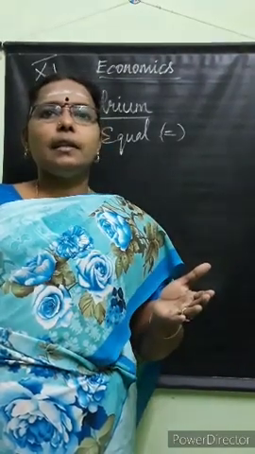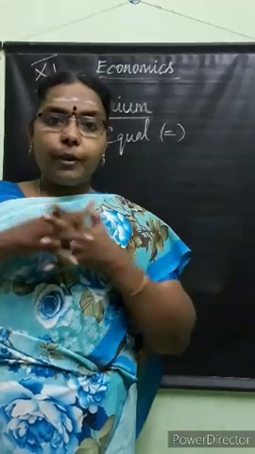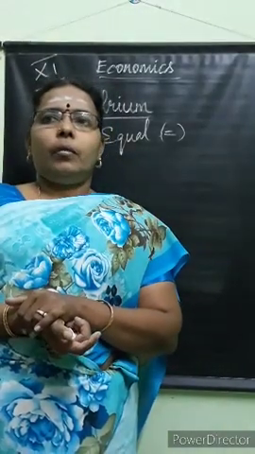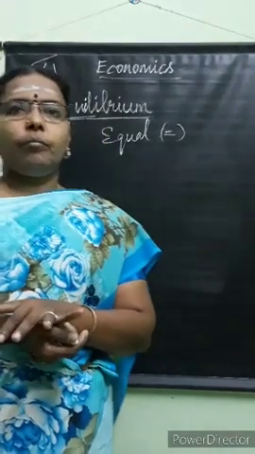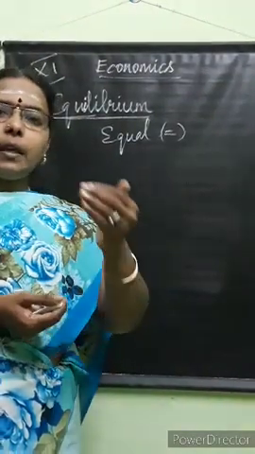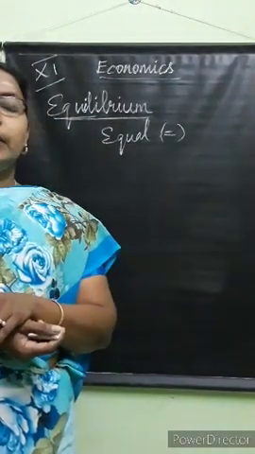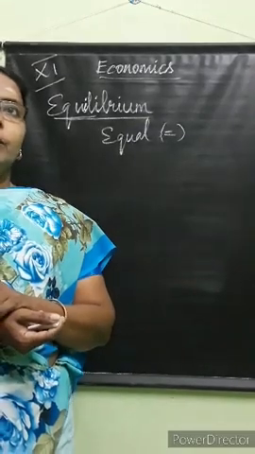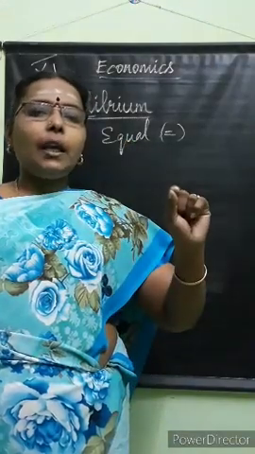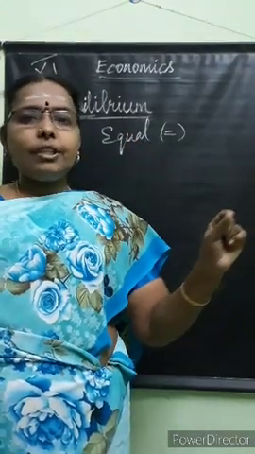Another way we can say, the opposite influences meeting at one point is called equilibrium. There is a producer who produces goods. He sold all the goods, isn't it? He will get profit. So the expense he incurred should be equal to the income he got.